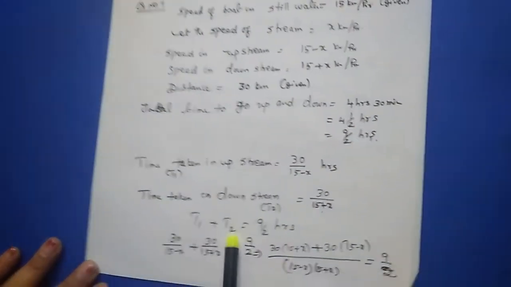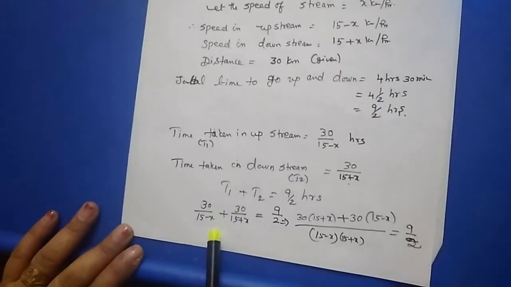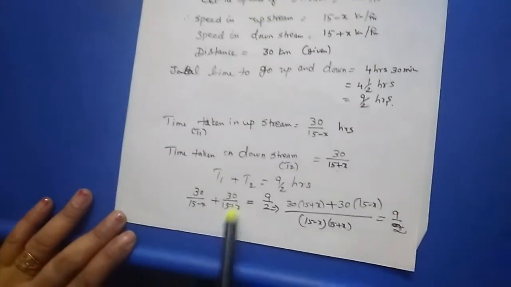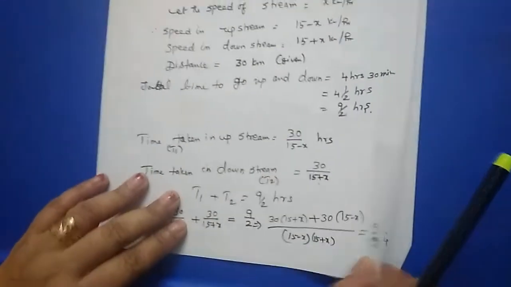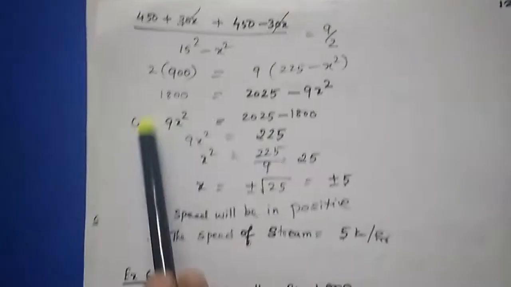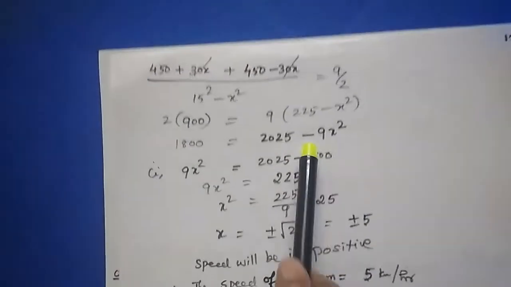Time 1 plus time 2, total time 9 by 2 hours. So 30 by 15 minus x plus 30 by 15 plus x equals 9 by 2. Now simplify the equation. You are getting the equation as 1800 is equal to 9 into 225 minus x squared.